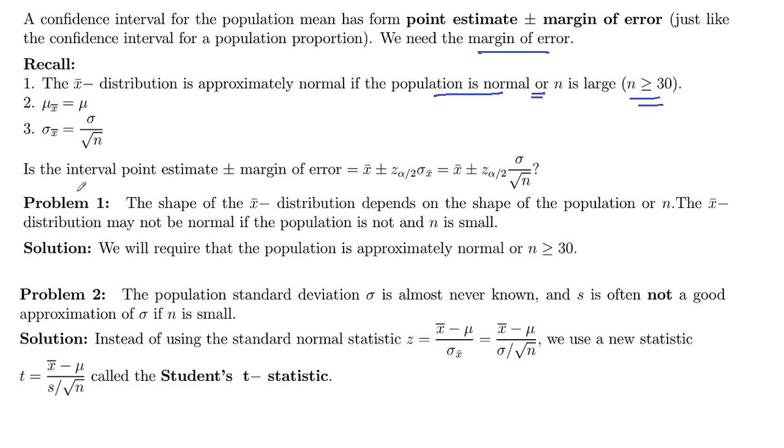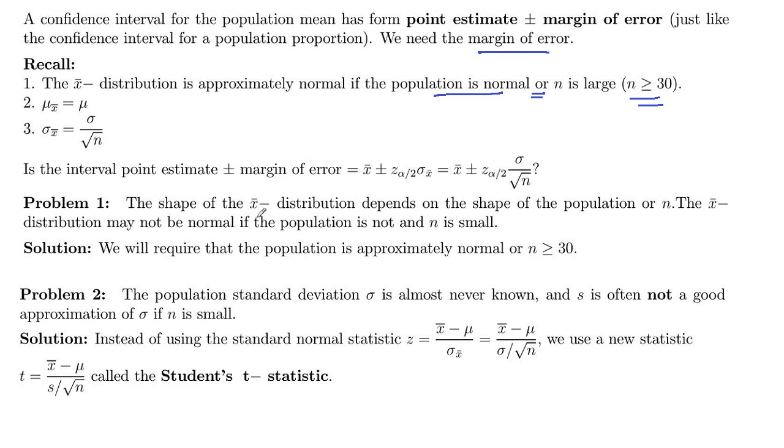So we want to know, is this interval going to be point estimate plus or minus margin of error, where X bar is our point estimate, which estimates the population mean? And can we use Z alpha over 2 times sigma X bar? Before, we did Z alpha over 2 times sigma P hat. If we do, that'd be Z alpha over 2 times sigma over square root of n. Well, almost.